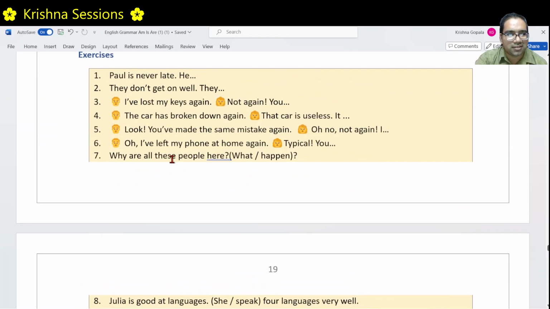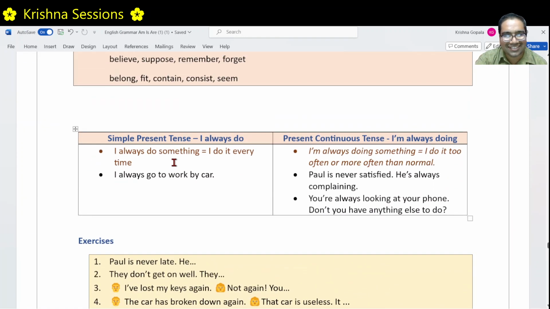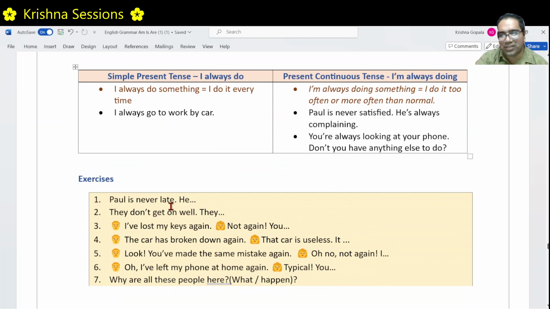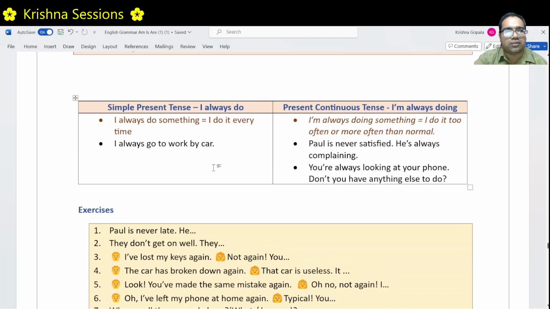Right. Hope you guys have understood this. This is simple only. We have learnt a good deal about simple present and present continuous tense. Hope you have gone through all the videos related to simple present and present continuous tense and what are the correct forms of verbs that we can use and what is the correct order of words that we have to use in each of these tenses.